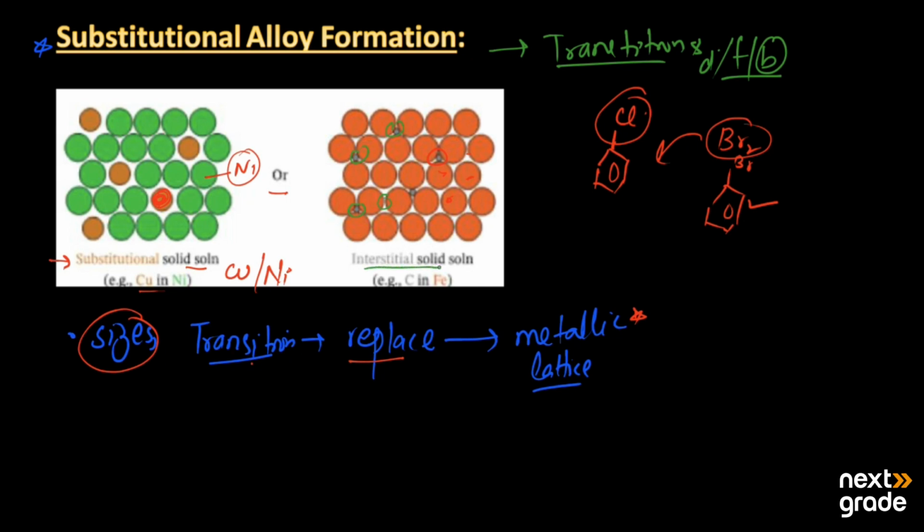This is a simple interstitial solid solution, and this is the substitutional solid solution, in which there is a substitution of one by the other to make a new compound. We have a lot of other examples of substitutional compounds, like brass and coinage alloys. Coinage alloys are the alloys that make up coins.